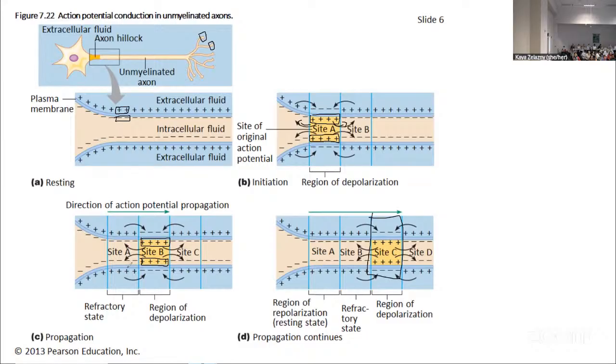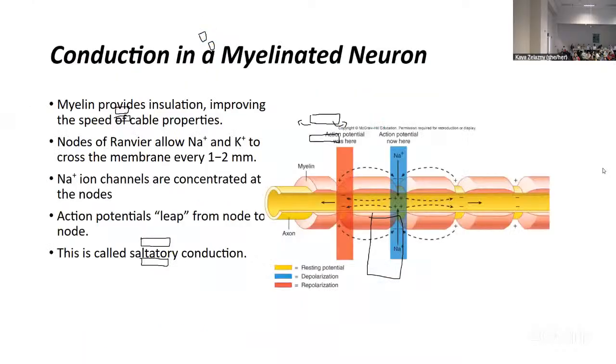And our potassium channels are open. So there's no re-triggering of the action potential in that location that hasn't fully reset yet. So that's how we move down our axon. Okay. That's what happens in an unmyelinated neuron.